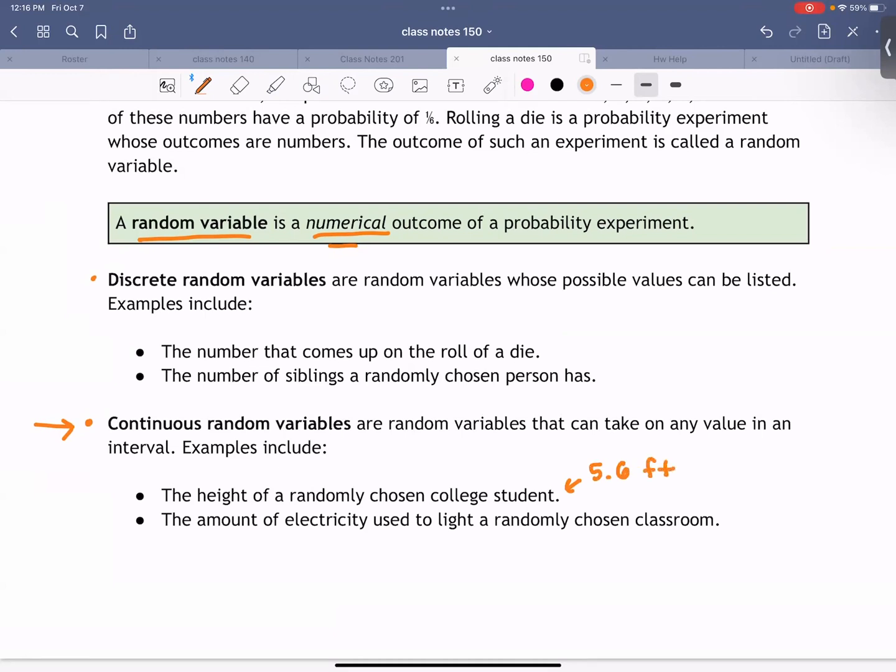That could be an answer, right? Or maybe 5.8. Since we can describe the height of a college student using decimals, it could even be 5.825, right? This is an example of something that's continuous, okay? So we can describe using decimals.